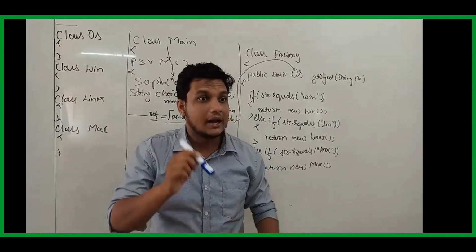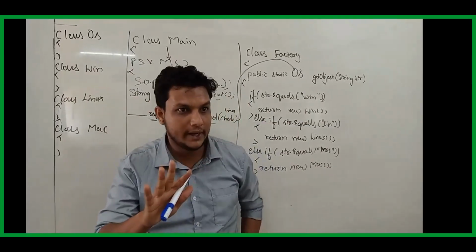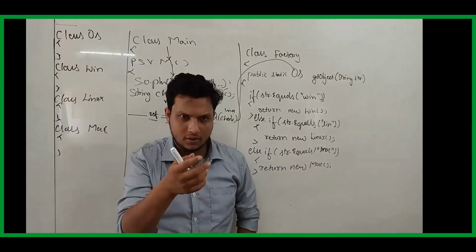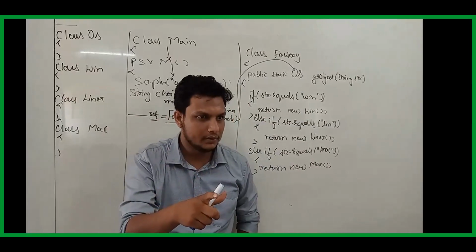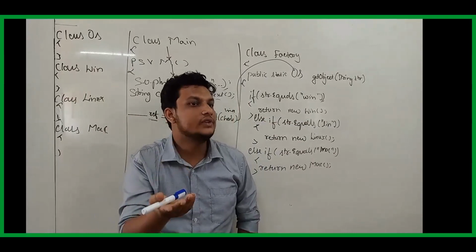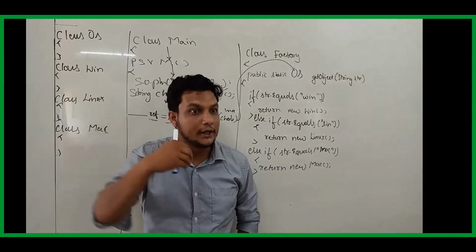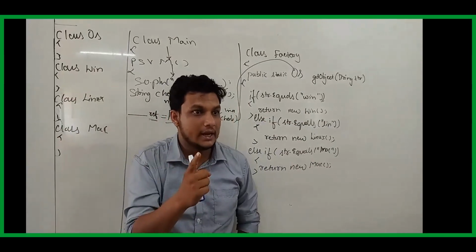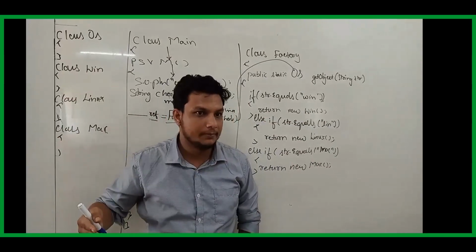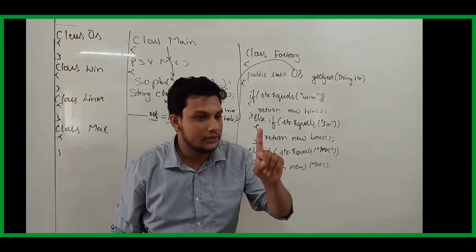Remember, the arrays of object concept you have learned. I showed you that, right? Array concept done, right? In a single array, what is the definition of an array? Storing homogeneous elements. I showed you that in a single array, you can store multiple types of data: integer, string, all those things. What is the first technique I showed you?